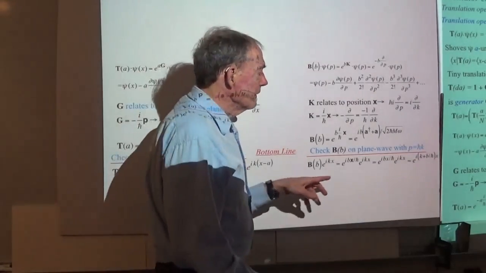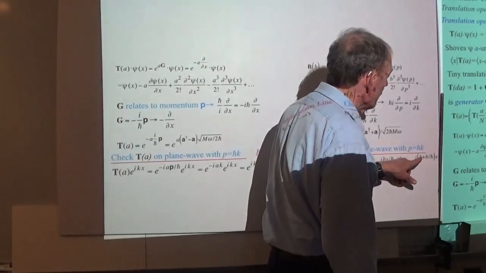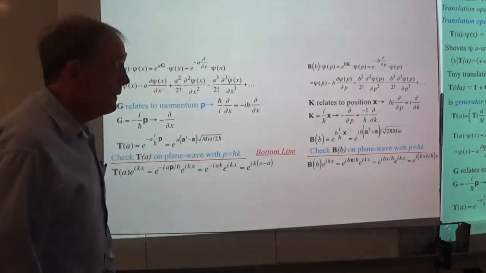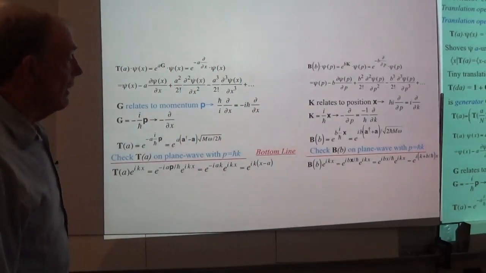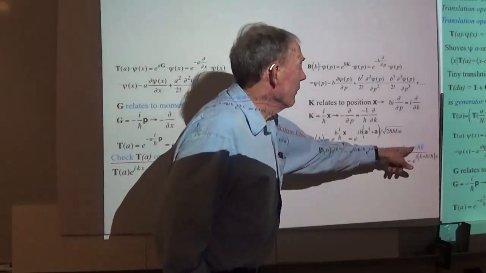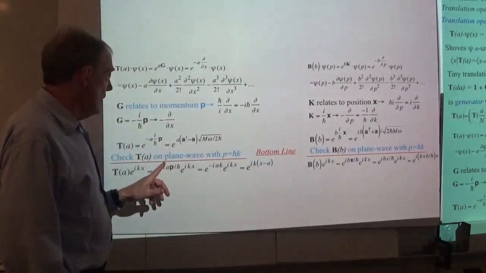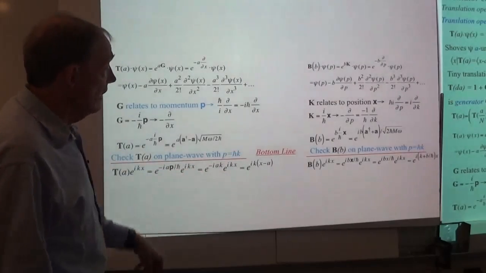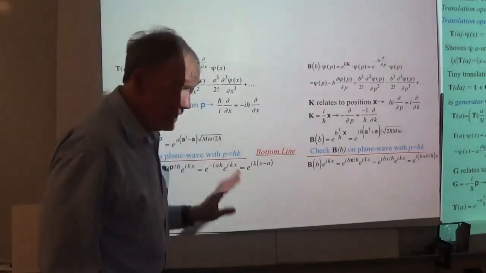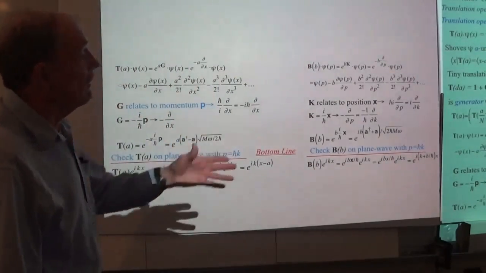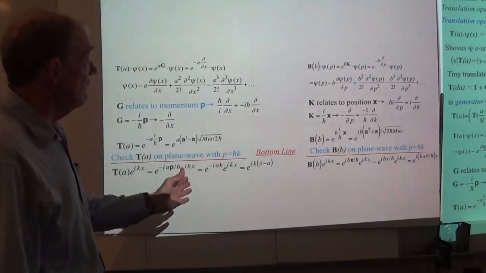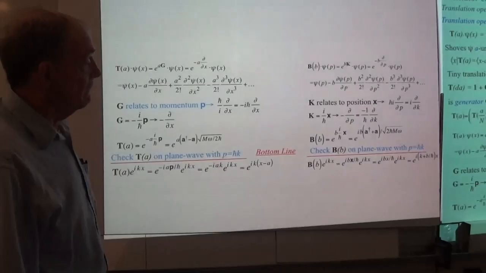Without the h bar, k over h bar, that's back to the momentum. Momentum p is h bar k, okay, for this one. And this is the same k being used on either side. So that's just to check all of this crazy algebra actually works for every plane wave, and then every function is made out of plane waves.